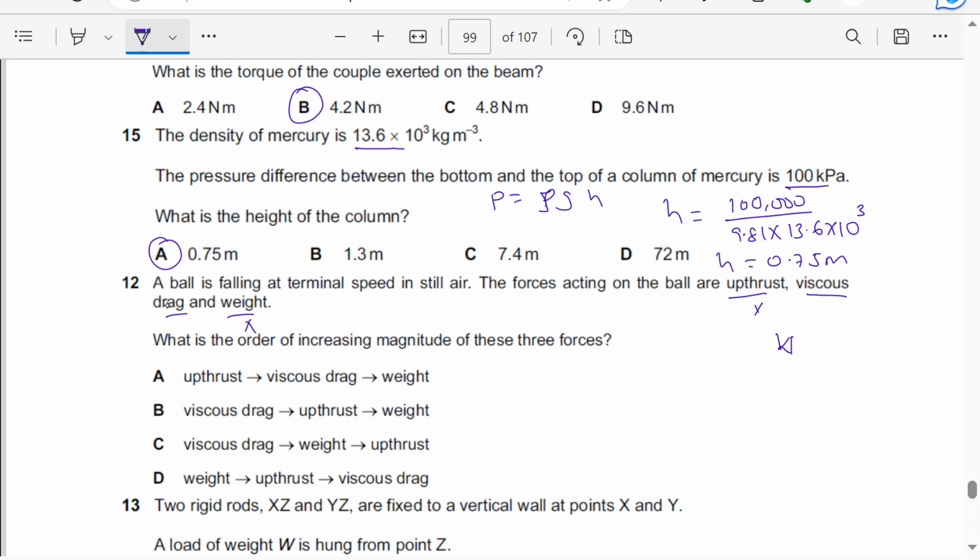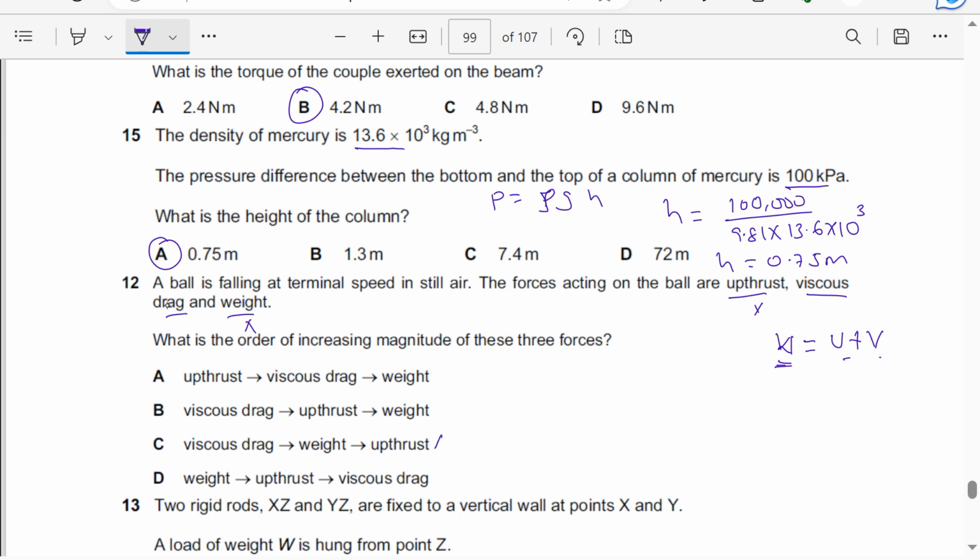The weight is equal to upthrust plus the viscous drag. So the weight is going to be the biggest, because the weight is downwards and the upthrust is upwards. The viscous drag is upwards. So the weight is upthrust plus viscous drag.